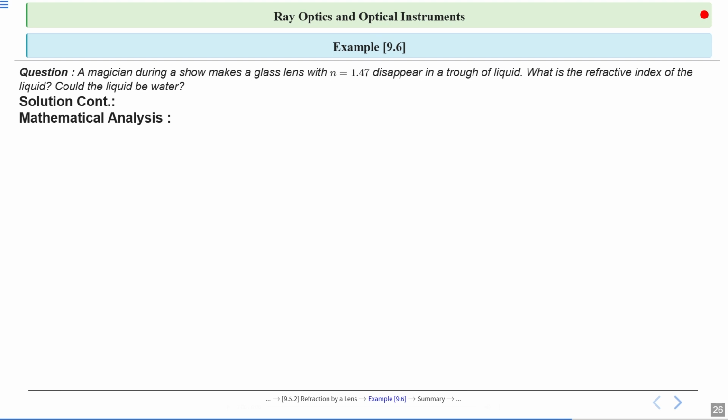So what is the mathematical analysis for this question from the lens maker's formula? 1 upon f equal to n2 upon n1, where n2 here is glass and n1 is refractive index of liquid, minus 1, times 1 by r1 minus 1 by r2. Okay, so refractive index of both the medium should be equal. That means n glass should be equal to n liquid.